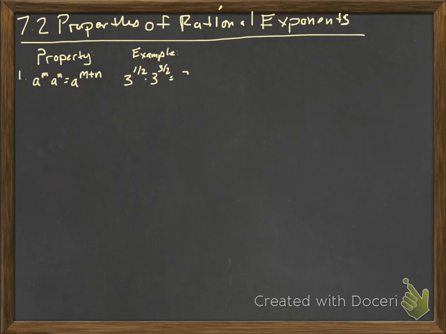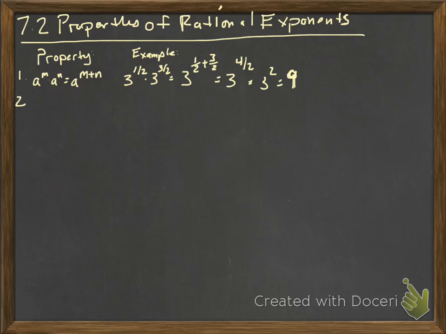So that would be 3 to the 1 half plus 3 halves power. Since they have the common denominator, I can just add 1 plus 3 and get 3 to the 4 halves, which of course is 3 squared. And if you wanted to go further, you can square 3 and get a 9. So that's an example of the product of powers.